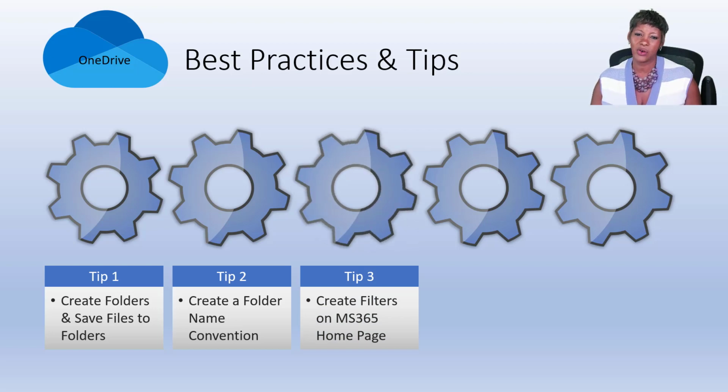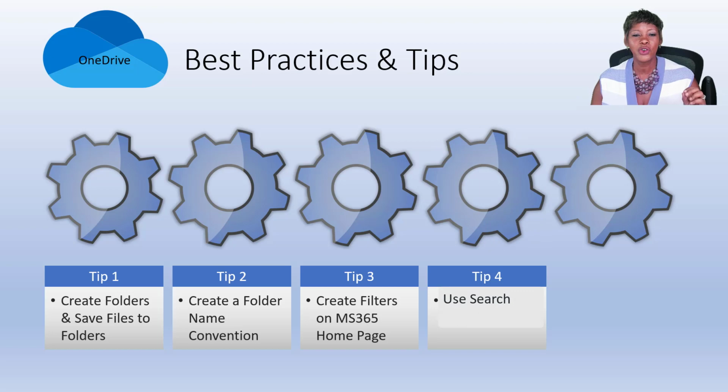Using filters on the homepage, narrowing your search results on your homepage so you can, again, find your stuff so much faster, and use some of the existing ones too. If you know the file's name, use the search functionality. It will cut down time looking for a file as well.